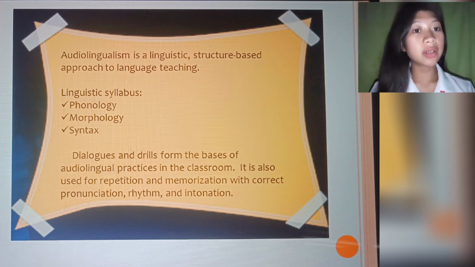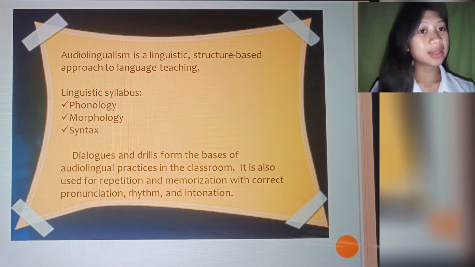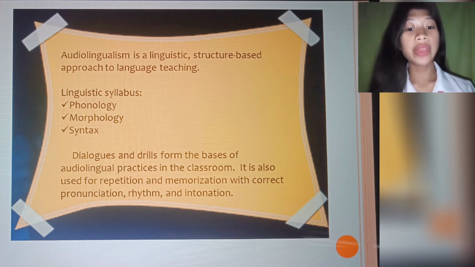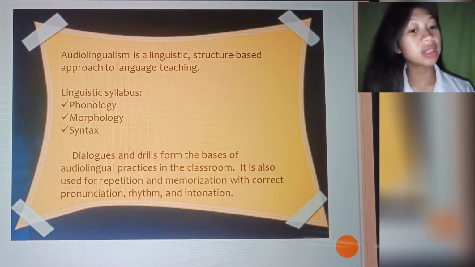The basis of audiolingual classroom practices are the drills and dialogues form. Dialogues are used for repetition and memorization. Correct pronunciation, rhythm, stress, and intonation are emphasized here.